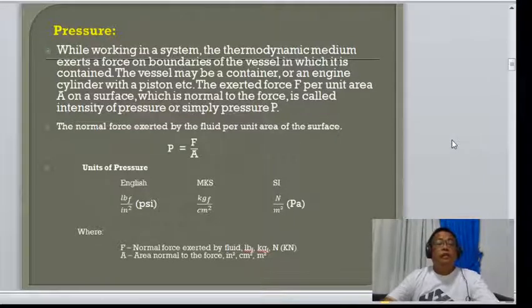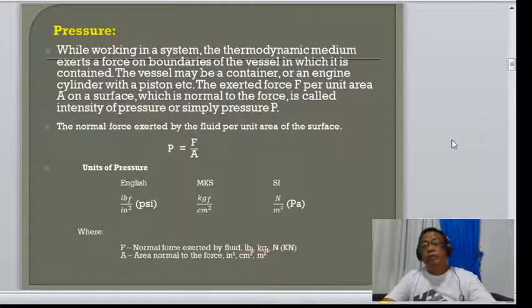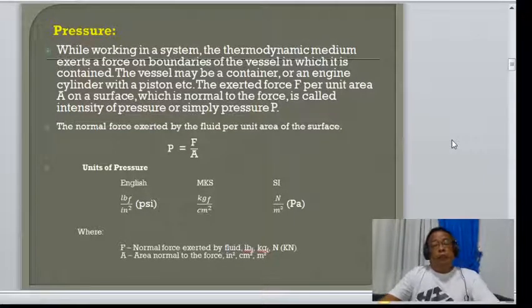In English system, we have the so-called pound per square inch. If you look at, for example, a pressure gauge, you will notice that the pressure readings there are calibrated in different units.